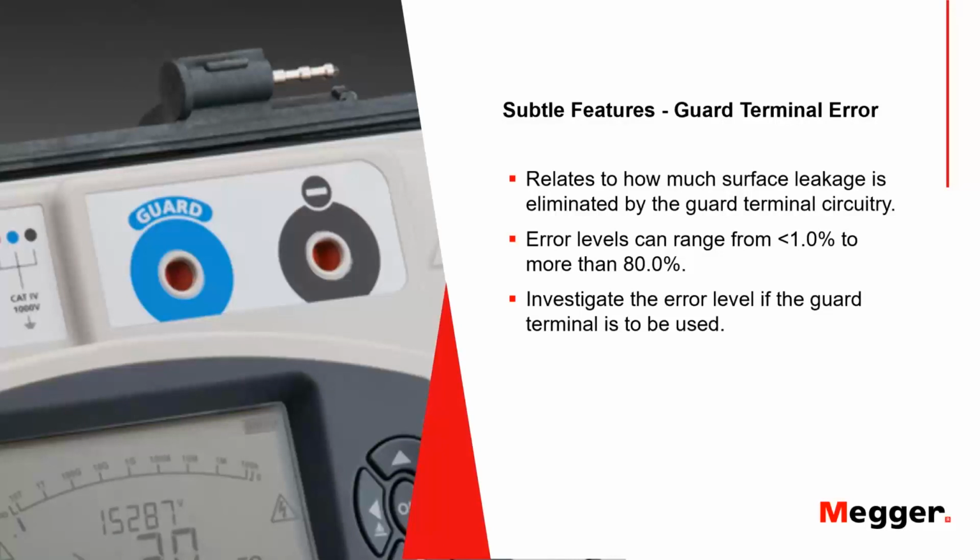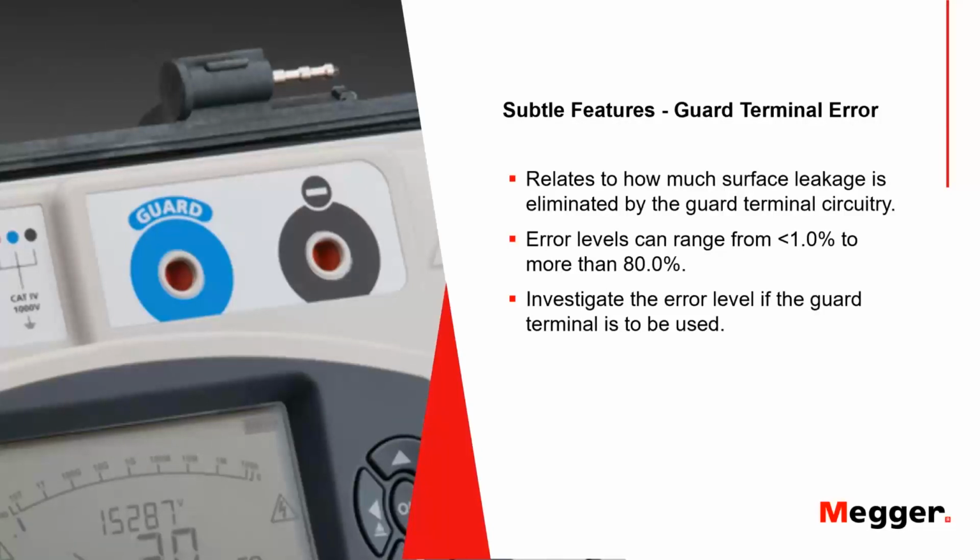So you now have an additional plus minus rating added on. So you want that to be around maybe 2% or something, where it's not contributing a lot of additional inaccuracy to your reading. Poorly designed guard terminals can contribute immensely to the degradation of your reading. So just be careful to look into what your guard terminal error is before you make a purchase.